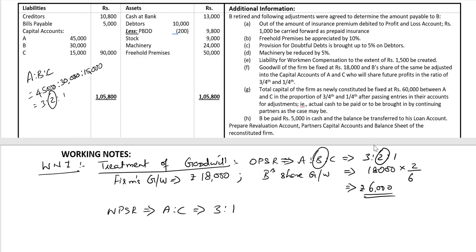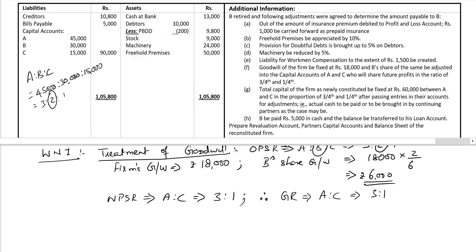So the NPSR is given as 3:1, therefore the gaining ratio between A and C should also be 3:1. So let's pass the journal entries.